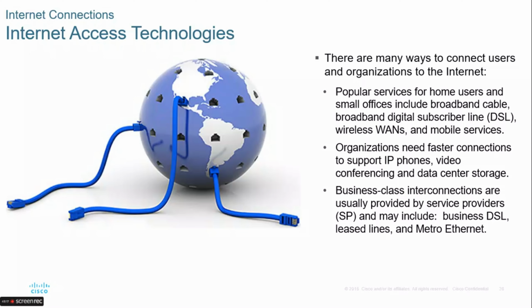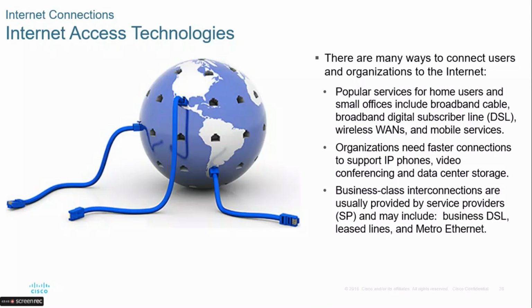Popular services for home users and small offices include broadband cable, broadband digital subscriber line, that is DSL, digital subscriber line. Wireless one, we've got, like, you can be connected by the service provider through wireless wide area network, and mobile services.